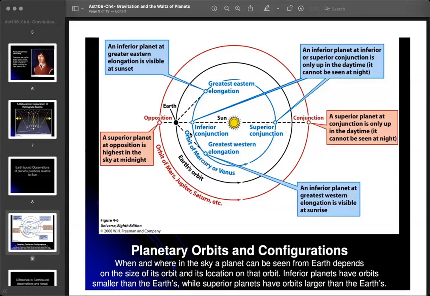Sometimes you may have heard in the news, especially for Mars, that this year or in these few months or these few days, Mars is going to look very big and bright. And that is because it is in the opposition position. And just from the geometry, you can see how that would happen. Also, when the superior planet is in the opposition, it is at the highest point in the sky at midnight.